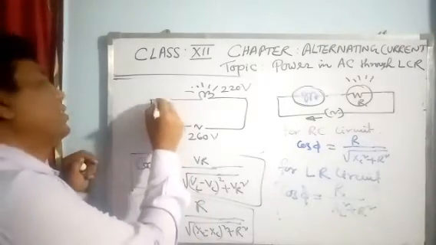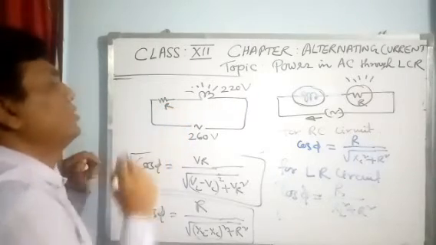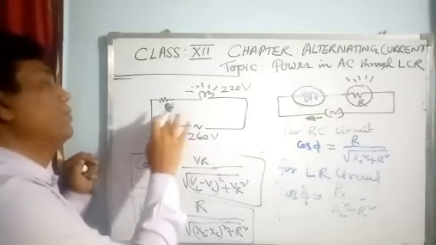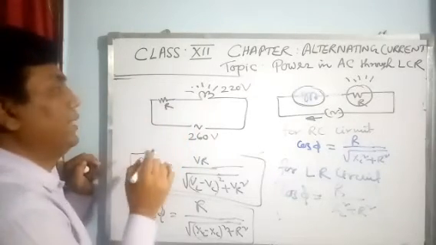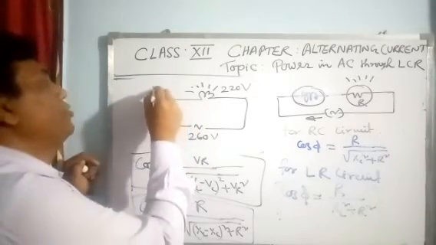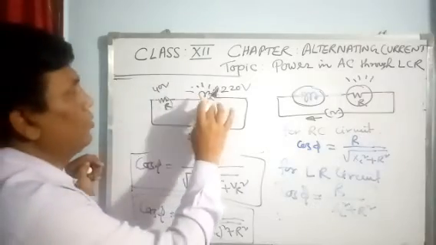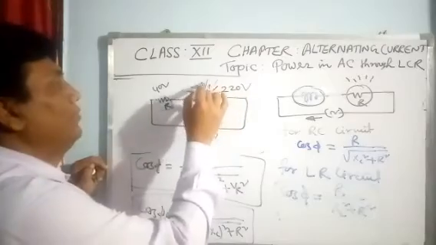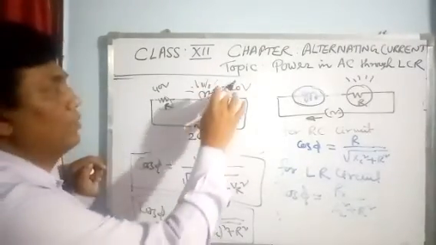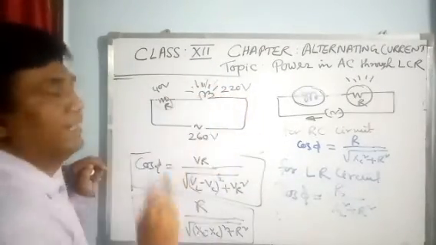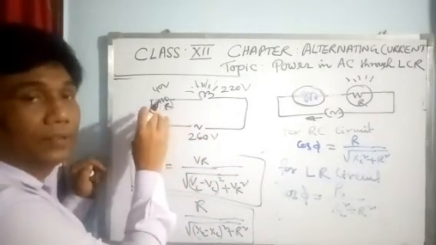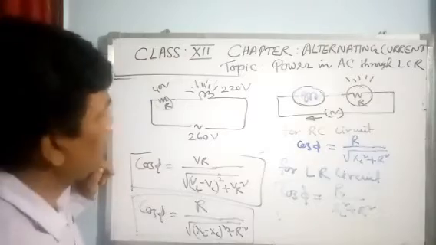You can put a resistor here. You choose the value of resistance in such a way that the rest amount of 40 volt drops here and the 220 is left for this bulb. So this bulb will glow at full efficiency, because it requires 220 and it is getting 220 out of this 260, because 40 is dropped at this point.